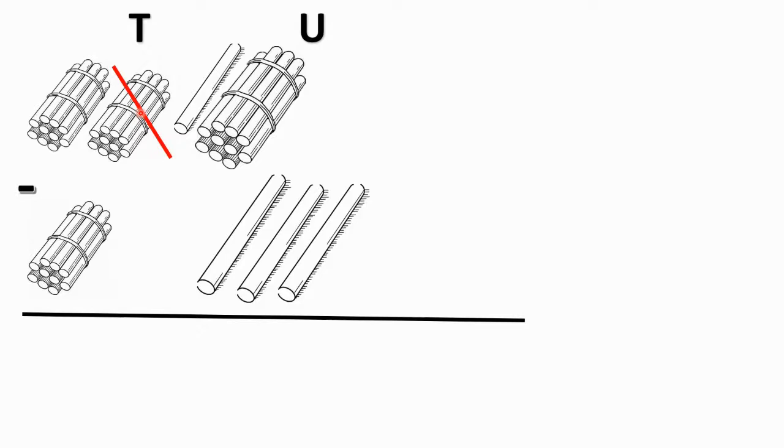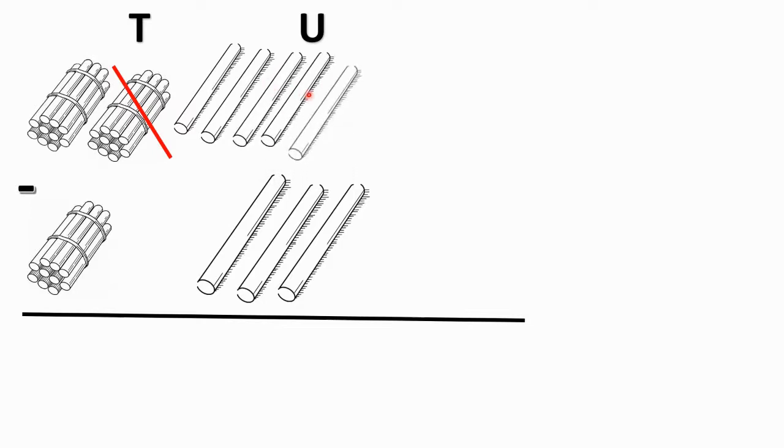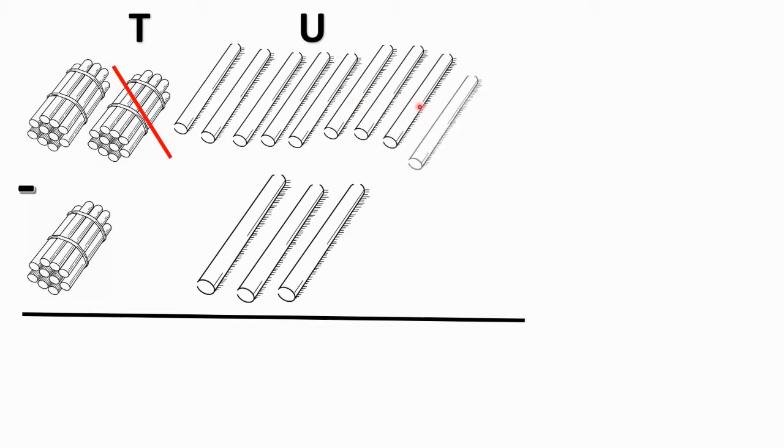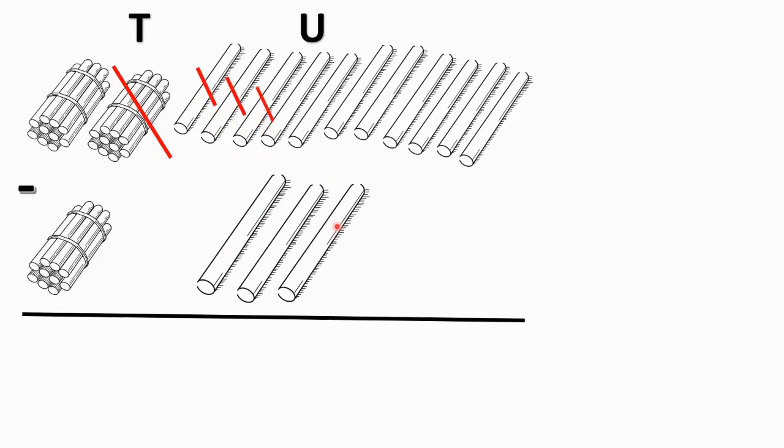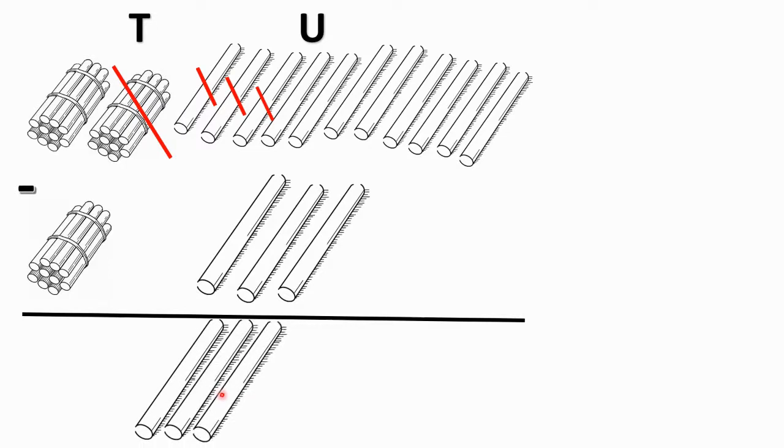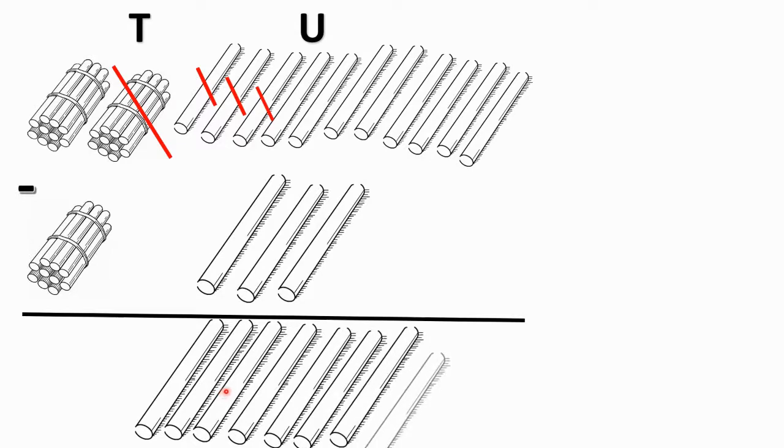So, how many sticks are here? 1, 2, 3, 4, 5, 6, 7, 8, 9, 10, 11. Then we take away 3 sticks. 1, 2, 3. So we get 1, 2, 3, 4, 5, 6, 7, 8.